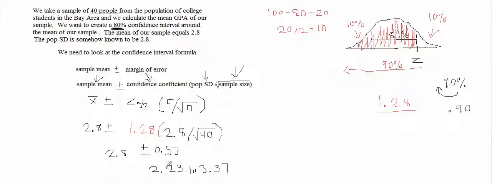We've created an 80% confidence interval around our sample, which is what we were doing at the beginning of this video, except now we actually did it with a formula and a table instead of just doing it with our list of samples that were listed out.